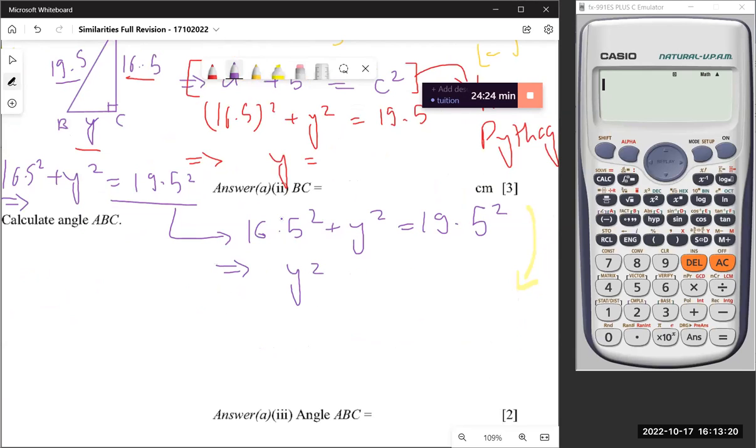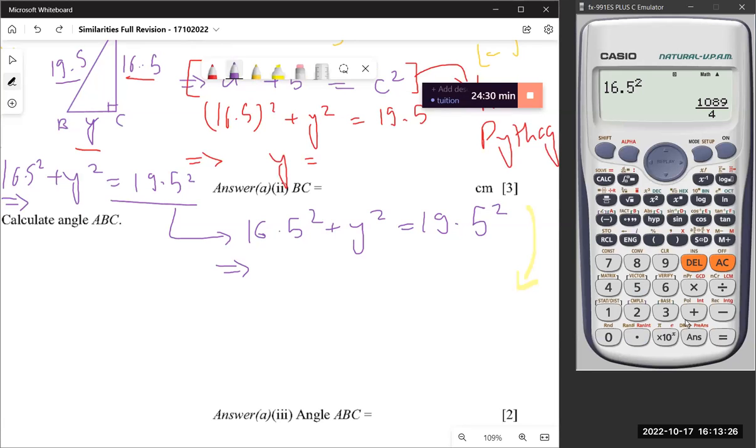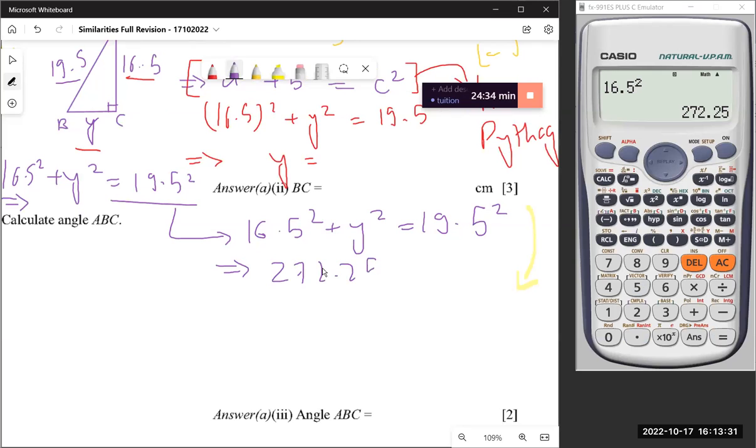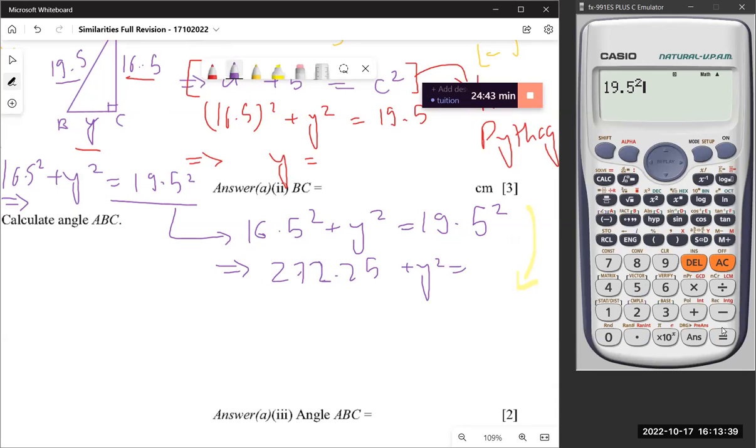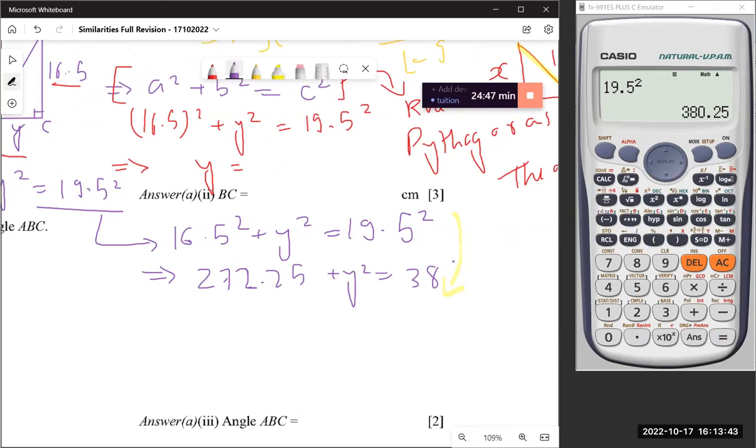Now what we do is, let's first square all of these. So what is 16.5 square? That's going to be 272.25. Any questions so far? We square this and we'll also square 19.5, which is this much, 380.25.